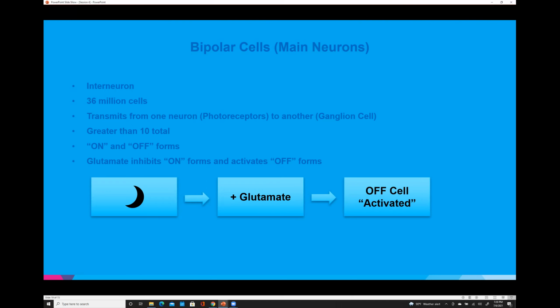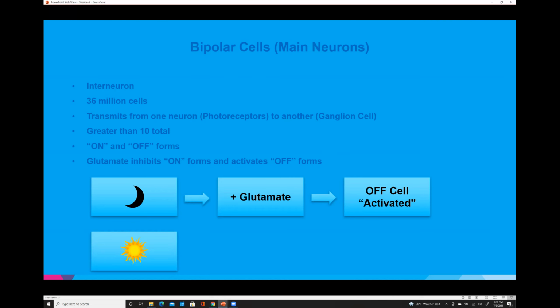Thank God in a way. It's a little more complicated, but at least it makes sense nomenclature-wise that when there's darkness upstream, the bipolar off cell is active, because the off cell would be doing its thing when the light is off, if you want to use that term. I hate using it like that, but if that makes sense. The reverse is true when there's light on. When there's light on, what's going to happen to glutamate? You tell me.